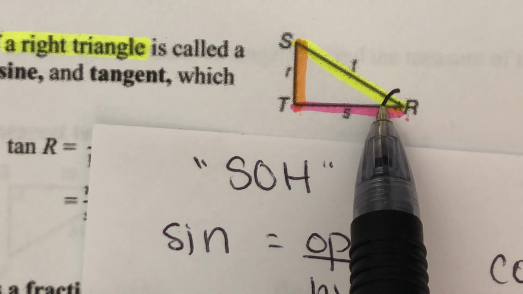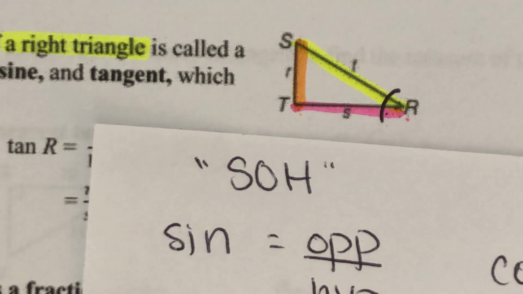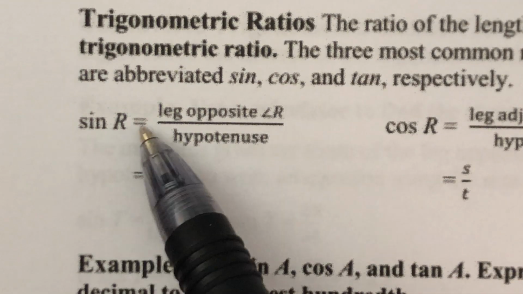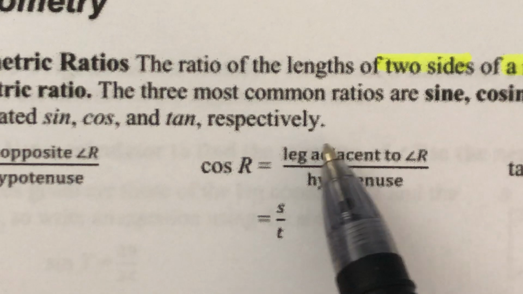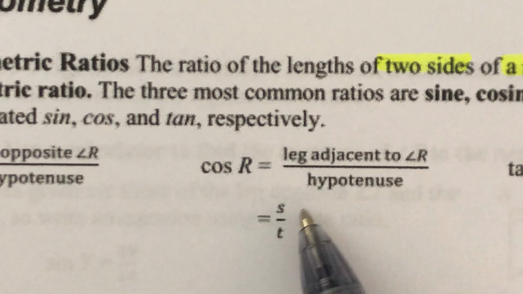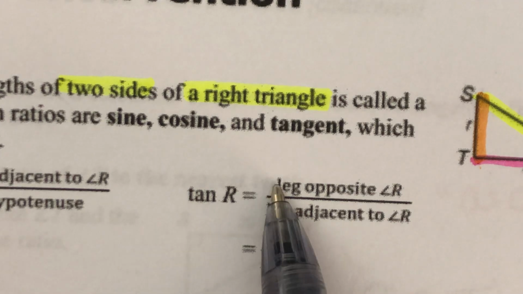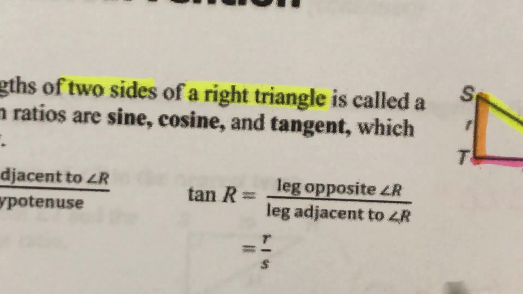So when I write that, I'm not taking sine yet, that's going to be in the next video, but when I write that ratio, I would write sine of R equals R over T, right? The cosine of that angle equals adjacent over hypotenuse, or S over T, and the tangent equals opposite over adjacent, okay? Why do we need to know all that?